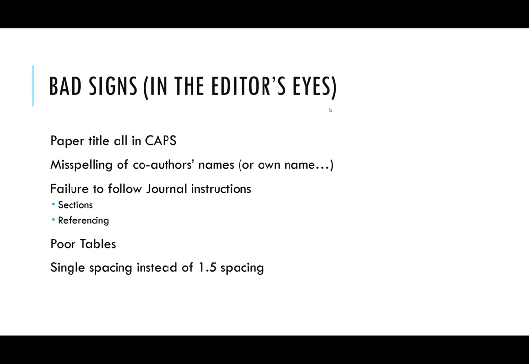The sweet spot is 1.5 spacing. So I always advise people to format the body text of their paper in 1.5 spacing. Your tables should be single spaced, but the body text of the paper should use 1.5 spacing.